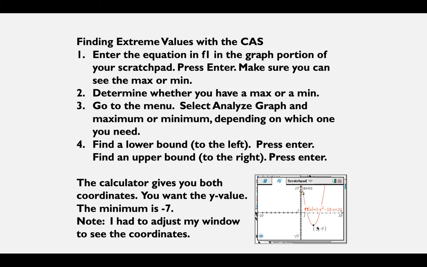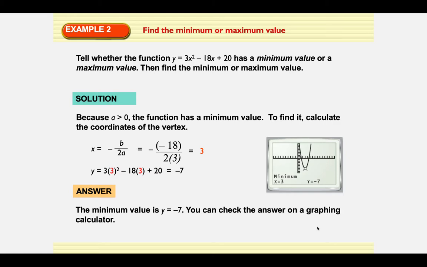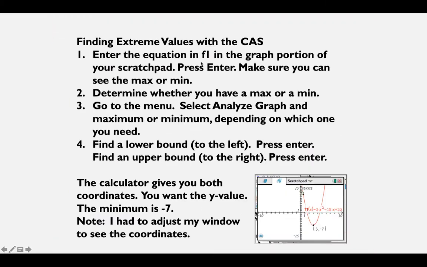Remember, even though you're going to get the coordinates of both points, what you are interested in is negative 7. And just to give you a note, I did have to adjust my window to see the coordinates. So it would be worth your time to go ahead and pause this, grab your CAS, put this function in for F1, and work through the process.